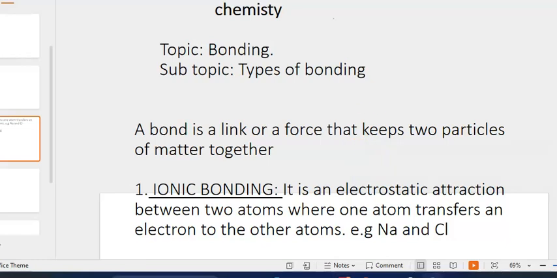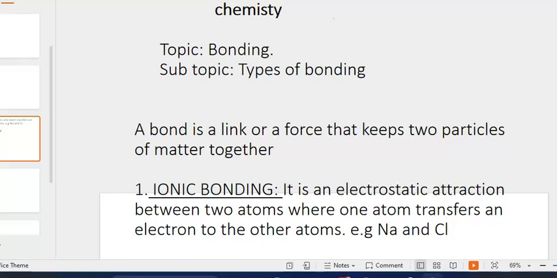Ionic bonding simply means an electrostatic attraction between two atoms, where one atom transfers an electron to the other atom.